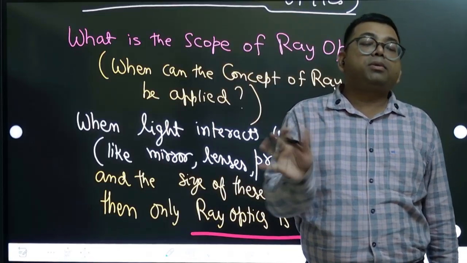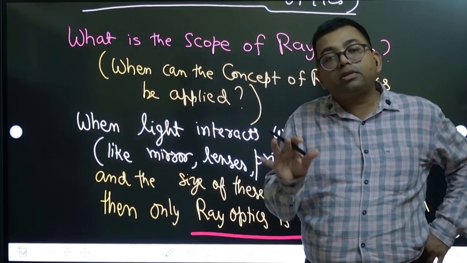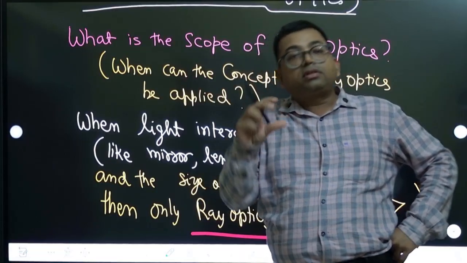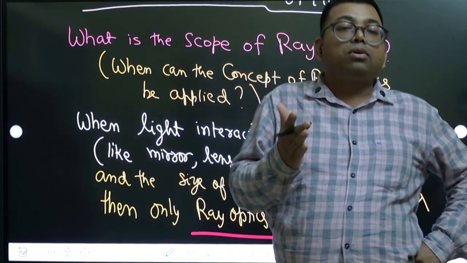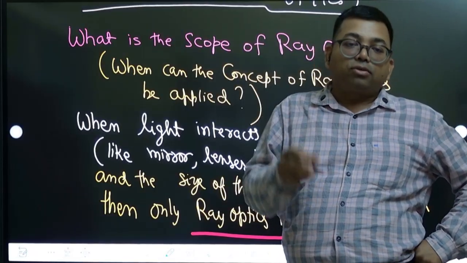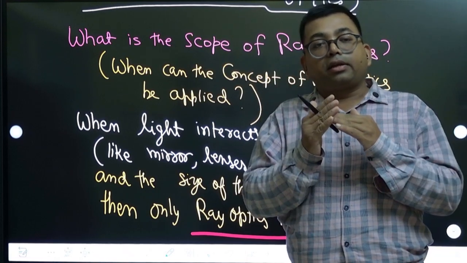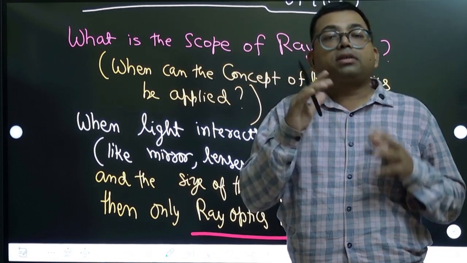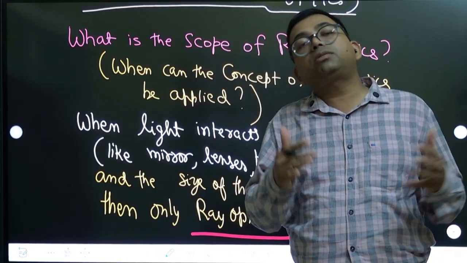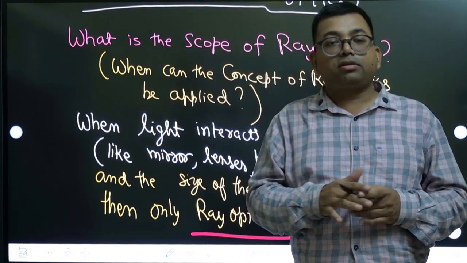The ray optics cannot be applied everywhere. Ray optics can be applied only when the size of the objects, that means mirror or lenses or prism or slabs, with which light is interacting, is much larger than the wavelength of light.